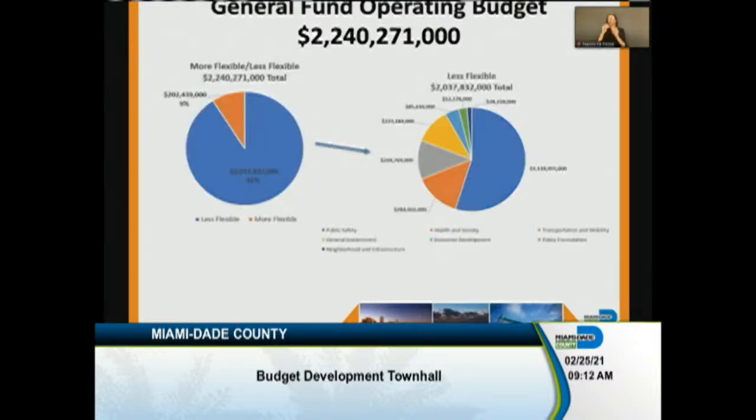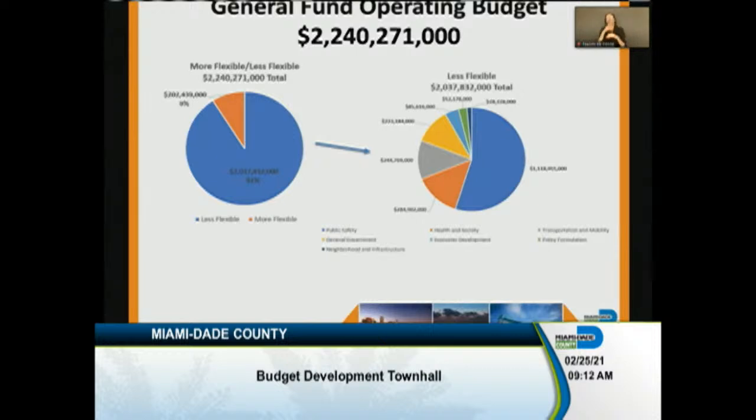As noted earlier, of the $9 billion total budget, $2.240 billion is supported by the general fund. The general fund is what we refer to as the accounting fund supported by ad valorem property taxes, license and permits, service charges, and other general revenues to provide countywide and unincorporated area operating services.